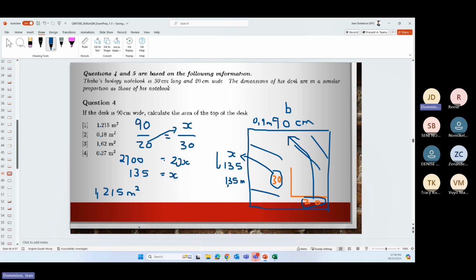So let's look at the answers. 1,215. Okay, I just want to see how they got 1,18. If we set that times 2, we would have gotten 1,62. Okay, wait, did I now do the right calculation?